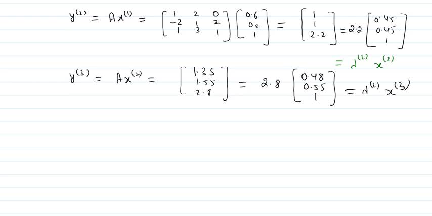So this is the third iteration, so I should write lambda 3 x3, and you can see 2.2, 2.8, they are not close, but after some time we will get these lambdas close to each other.